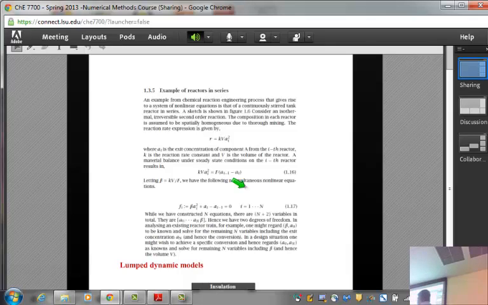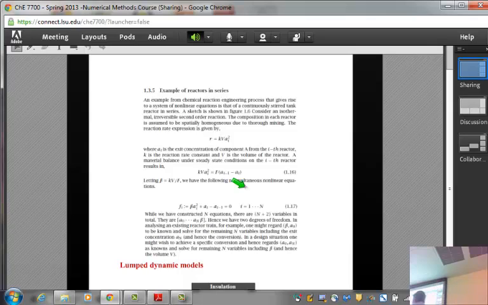And you assemble all those equations, and you get n equations if I have n reactors. Now beta here I have regrouped as a dimensionless number, which is kV over F. So either I can have k, or I can have V, or I can have F as an unknown, then beta becomes an unknown.